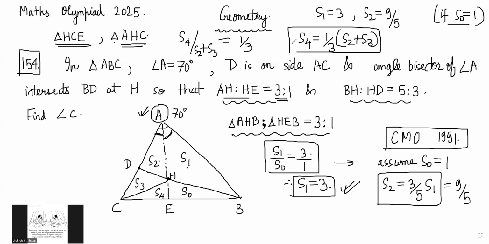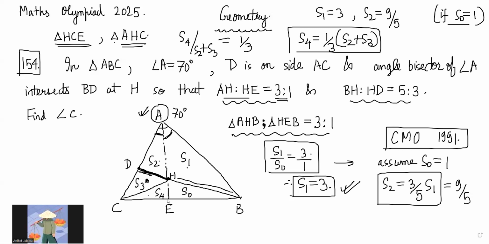Similarly, S3. Somebody is asking how 1 by 3? How is it 1 by 3? The base here is 1/3 of the total length of HB. So what I'm saying is, wait, I'm comparing S4 and S2 plus S3.